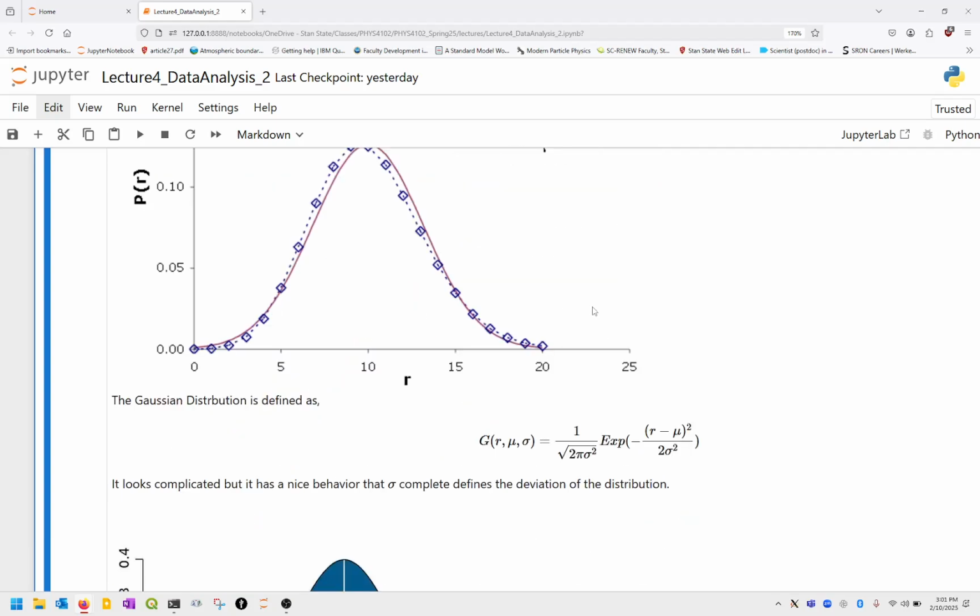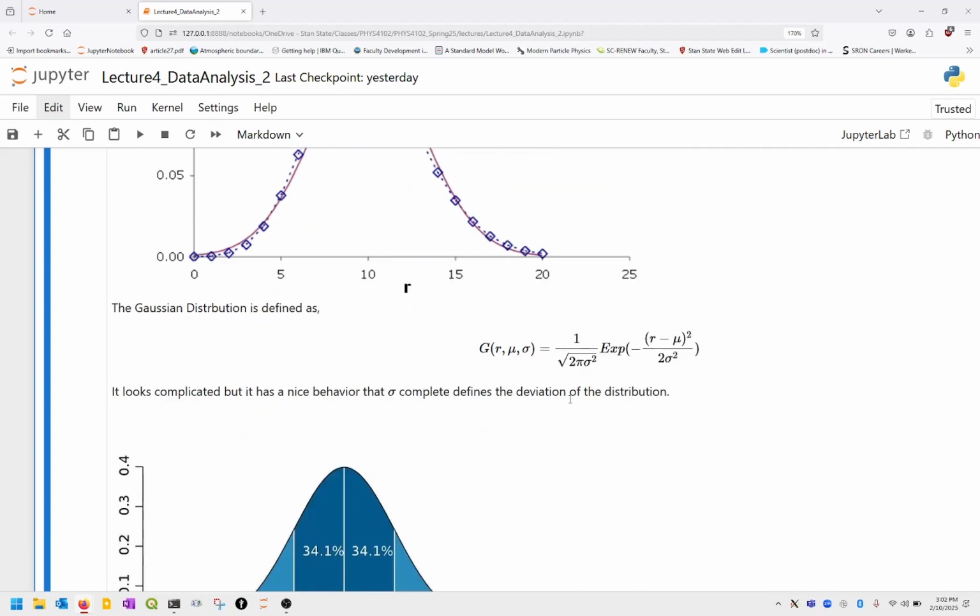The Gaussian distribution, which hopefully we already saw, is defined as 1 over the square root of 2 sigma squared, e to the r minus mu, where mu, I'm using the same nomenclature as that Washington website, is the average, the mean, which in this case is 10.